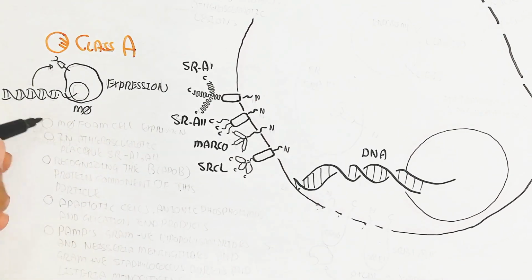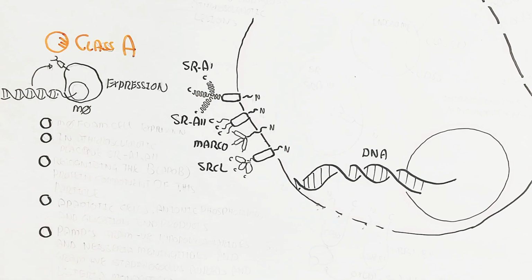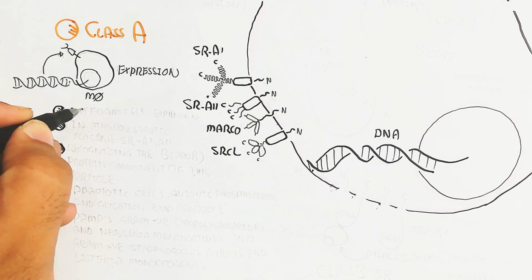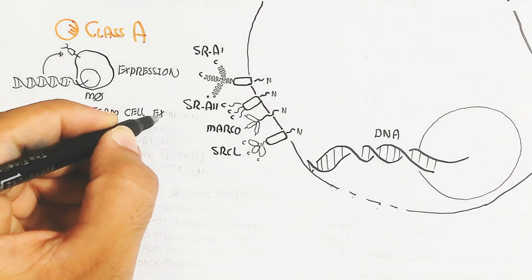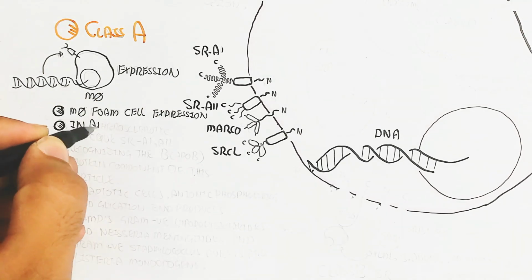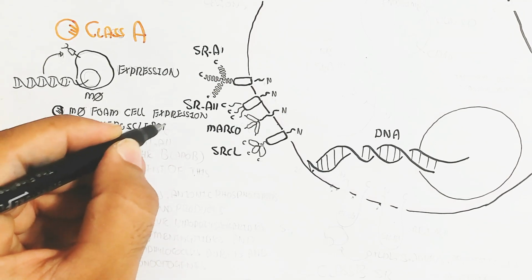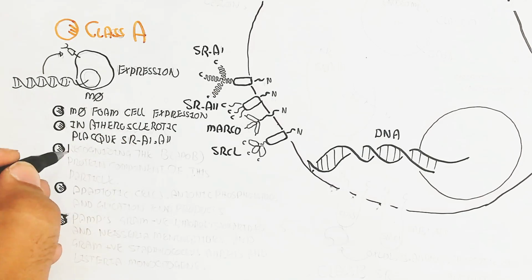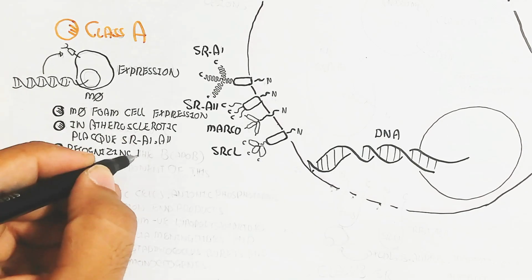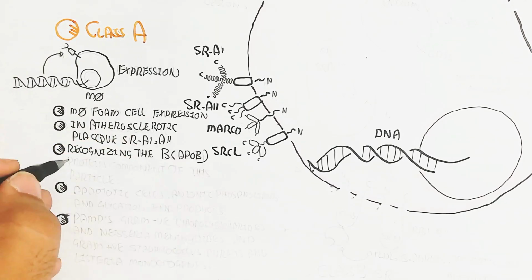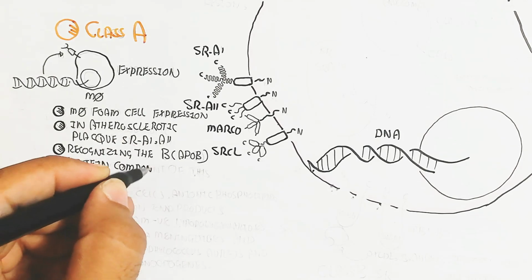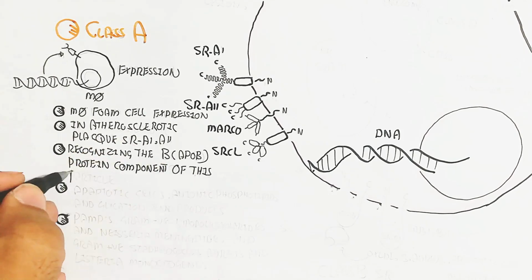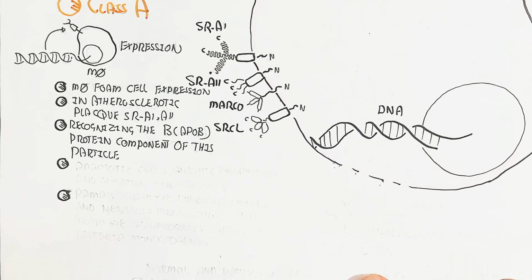The receptor is expressed mostly in the macrophage, and in macrophage foam cells in atherosclerotic plaque, and scavenger receptor A1 and A2 recognize the ApoB protein component of these particles. The gene expression depends on the cell type. For example, the macrophage produces this gene to produce this type of receptor.